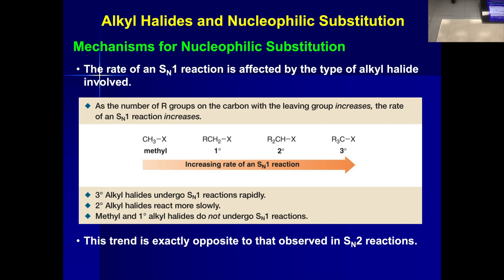If something's reacting fast, is it going to have a high energy barrier or a lower energy barrier? Lower energy barrier, right? So that must mean that it's easier to form a tertiary carbocation than a primary carbocation. Well, that's interesting. What about the number of carbons that are attached to that carbon make a difference? Right?